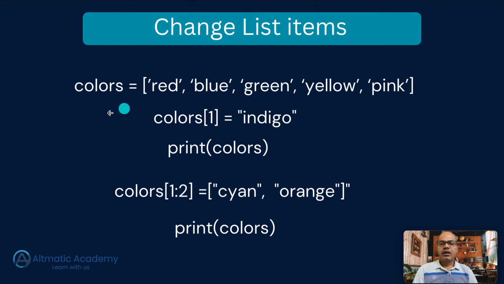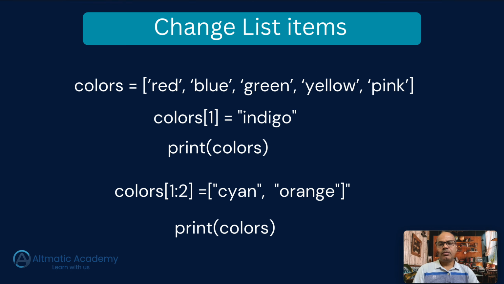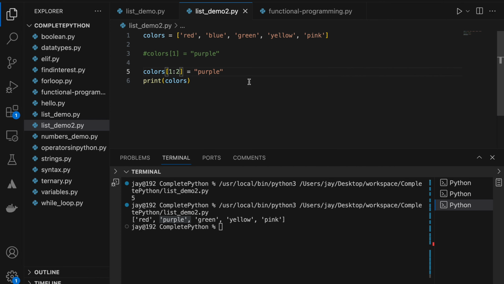Hope clear? Now suppose we are looking to change a range of items, like here this is the 0 1 2. I am looking to change these two values, blue, green with cyan and orange. So we can do this one. Let us see this also with an example. I'm just commenting this, and I'm putting here a colon, for example it's a 2, right?